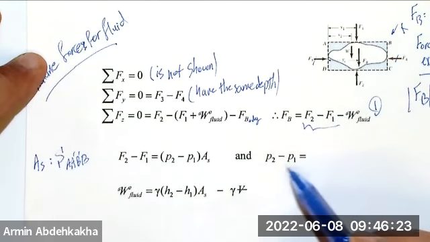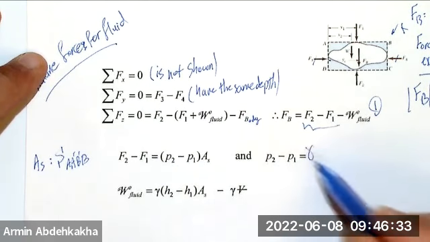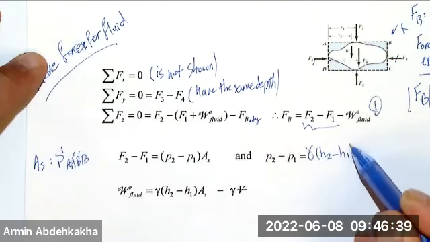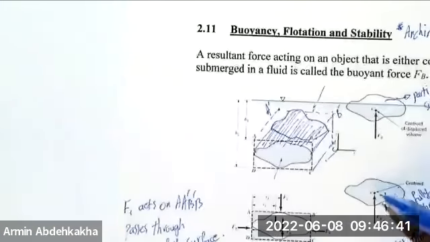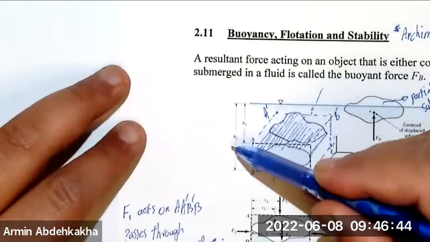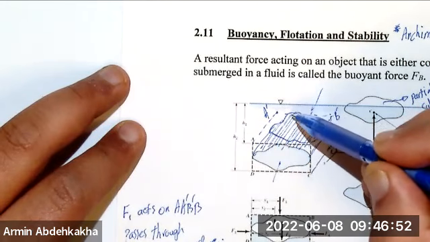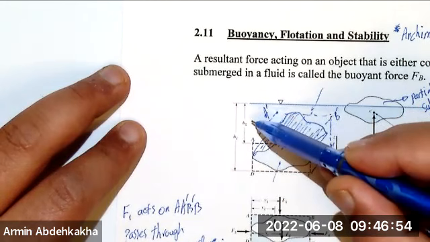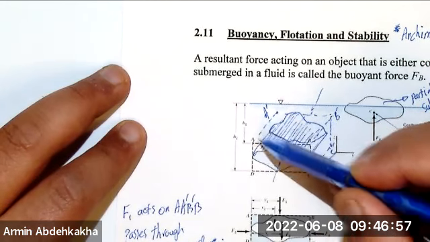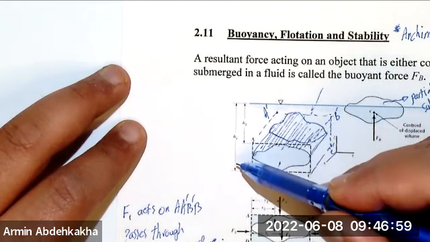But if you want to make it easier to see what the pressure difference is here, it is equal to gamma times the difference in H. H1, H2, right? The absolute gauge pressure here is gamma H1. The pressure here is gamma H2, right?